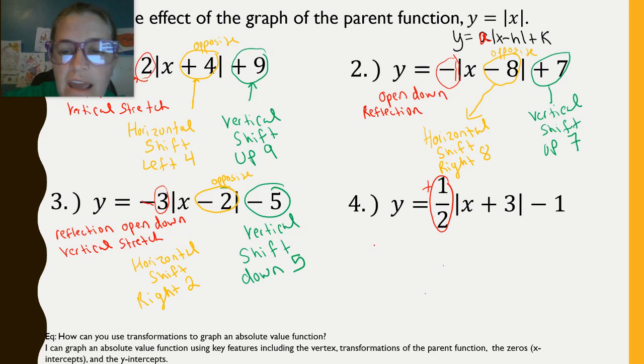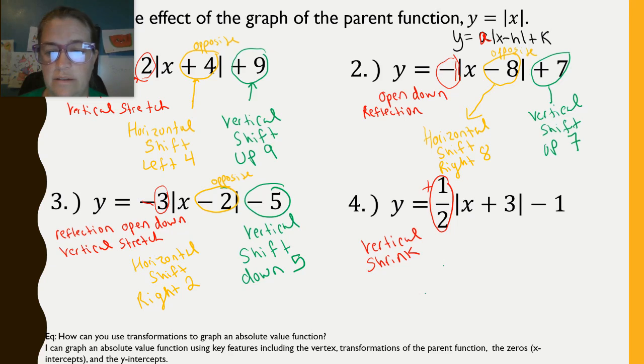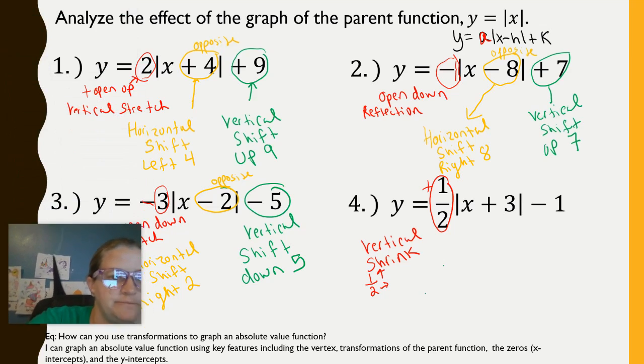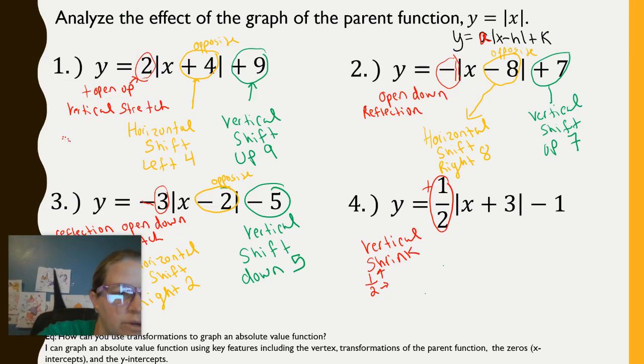So this is going to be a vertical shrink. So that means if we were to graph it, we would go up 1, right 2. Versus this one over here, since it's 2 over 1, we would go up 2, right 1. That's different.